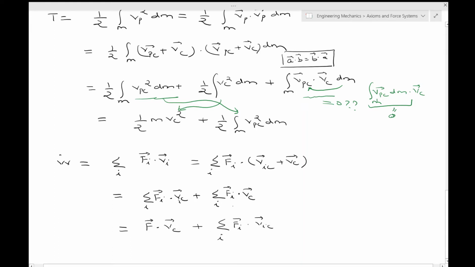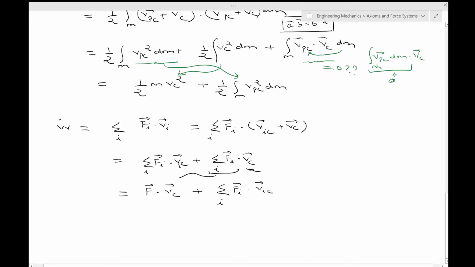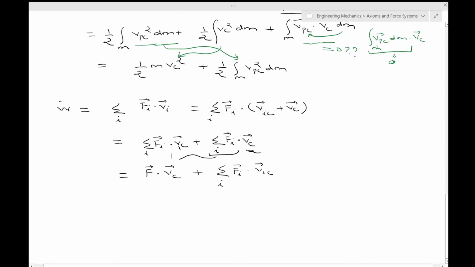So this has been written because this summation will not act over vc. Okay, over here you cannot do it because i is there in the subscript. So that's why this continues to be written as sigma fi dot vic. So that proves the expression 2.32 for power. So the defined entities of momentum, I think, was already shown before. The moment of momentum and the kinetic energy and the power in terms of the center of mass has been derived, as we had written in the green color.